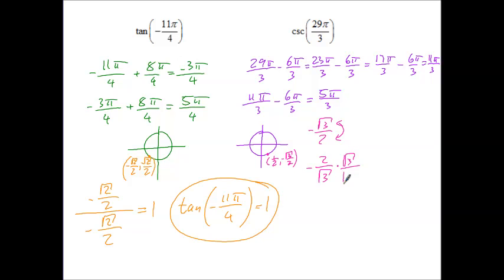Multiplying by square root of 3 over square root of 3, we get negative 2 square roots of 3 over 3. And that is the cosecant of our coterminal angle, 29 pi over 3. The value is negative 2 square roots of 3 over 3.